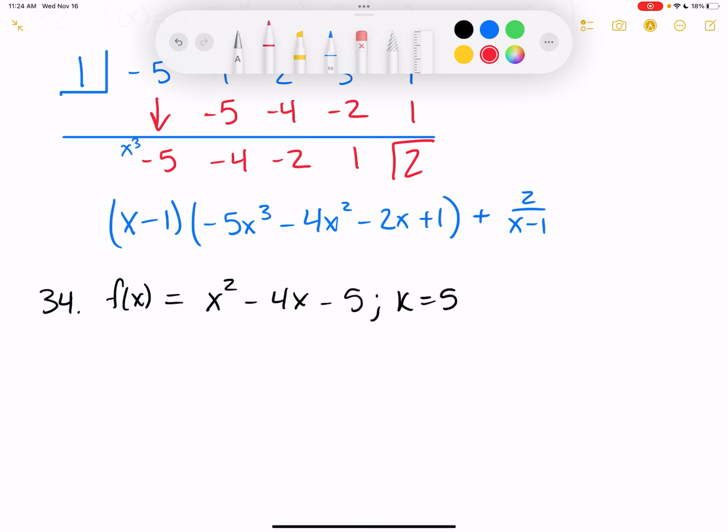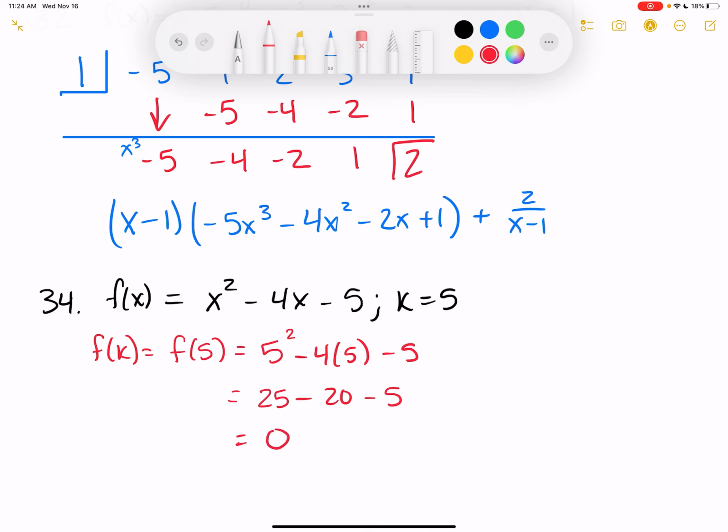So we're doing f of k, which is equal to f of 5, and we just plug in 5 everywhere for x. 5 squared minus 4 times 5 minus 5. So 25 minus 4 times 5 is 20. Minus 5, so it's 25 minus 25, so that's just 0. So in this case, there's a remainder of 0.